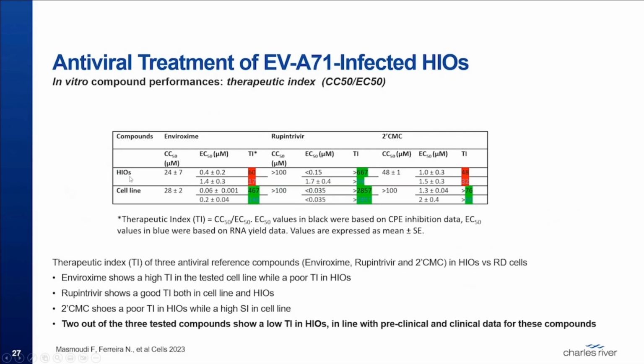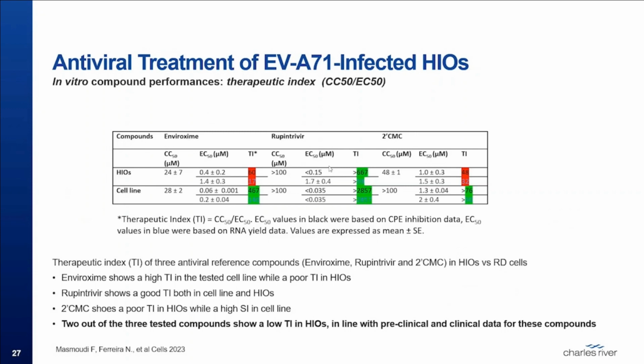On the other hand, in the organoids, both enviroxime and 2CMC show a poor value, while ropintervir was still showing a good result.